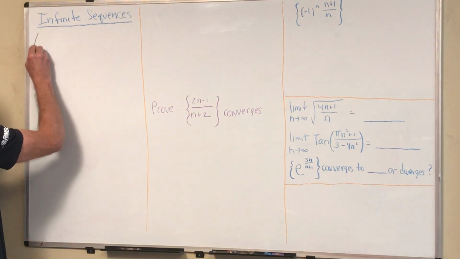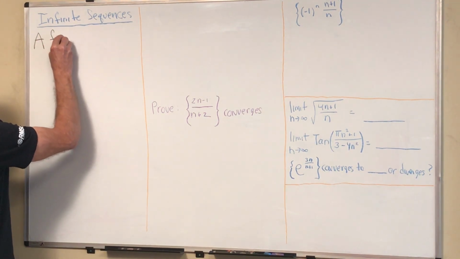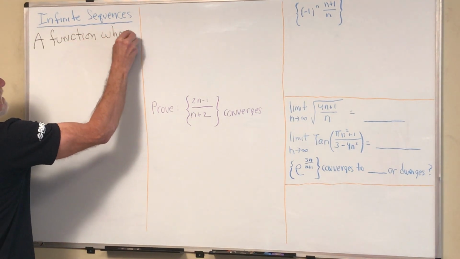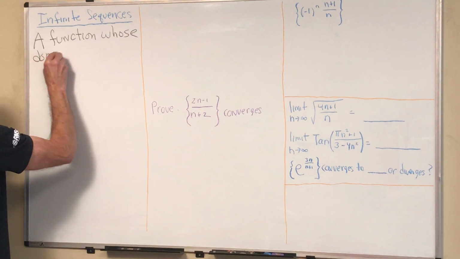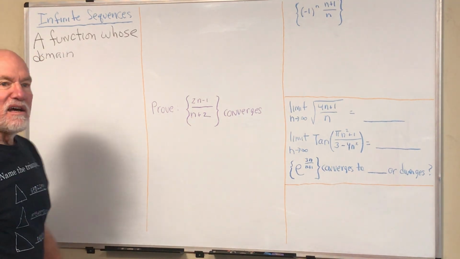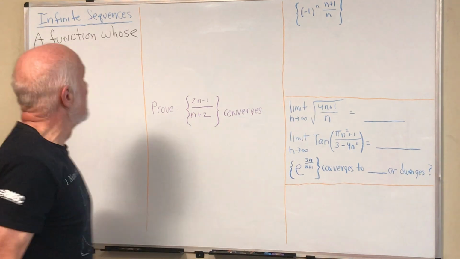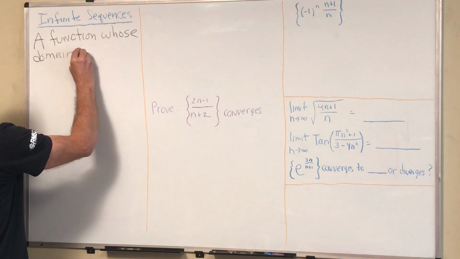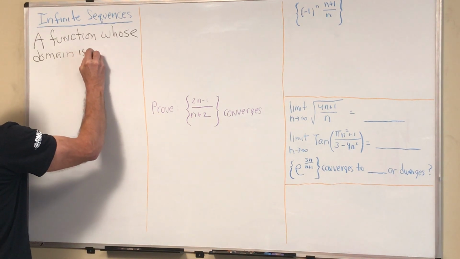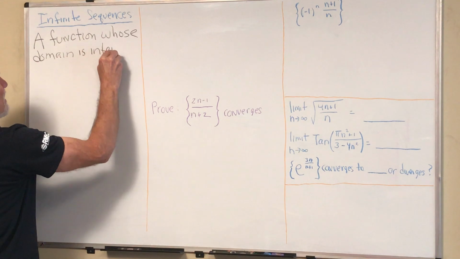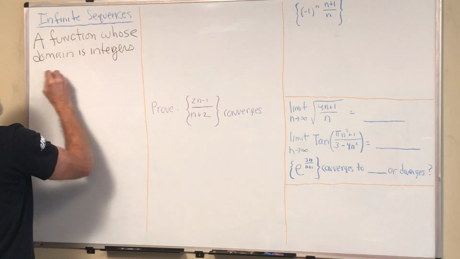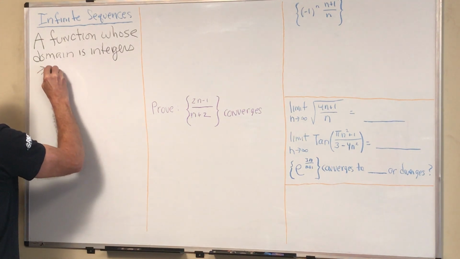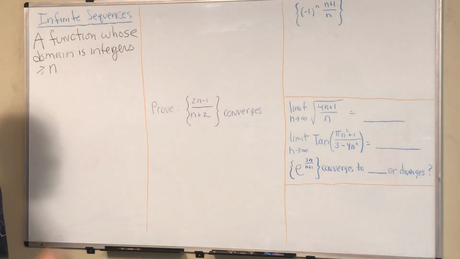An infinite sequence is basically just a function, but whose domain, instead of being a segment of the real number line, is integers greater than or equal to some value of n.